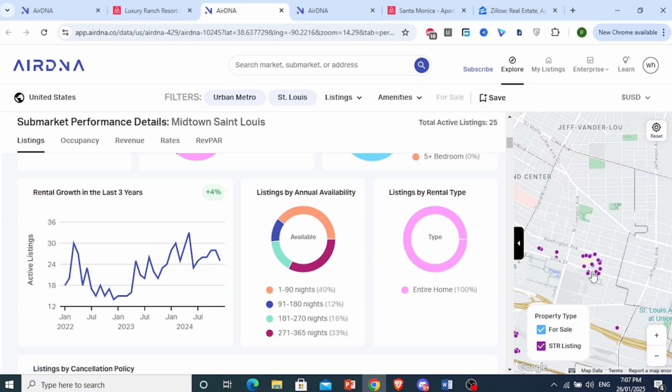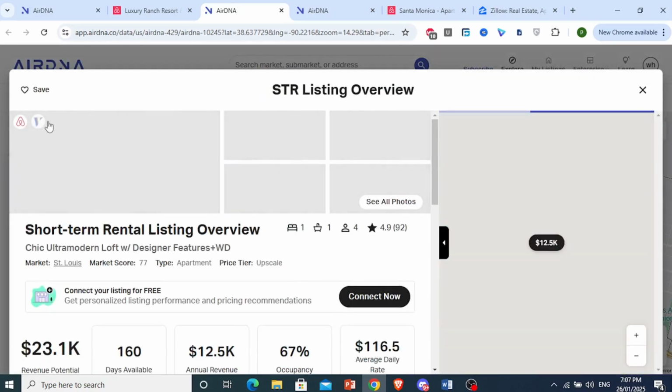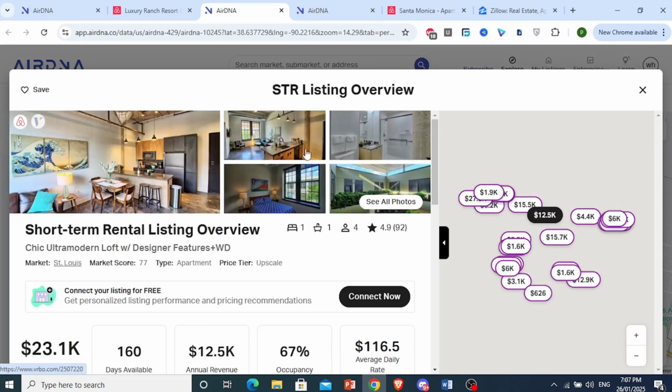Right. So I'm gonna open up that property. Of course, you can also look at their page on Airbnb and Vrbo. So you can go ahead and do that. So I can open those as well. So now this is the property. You can look at the pictures.